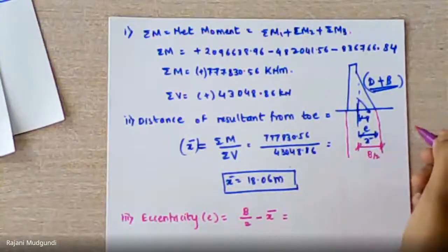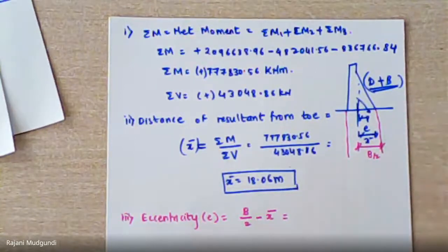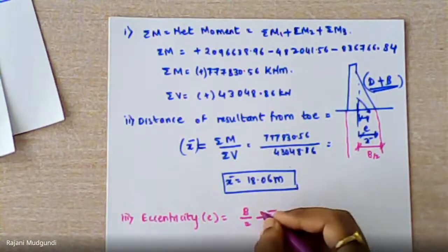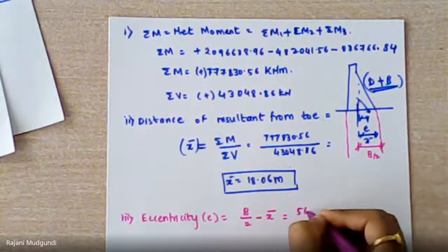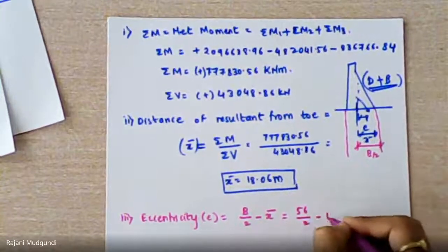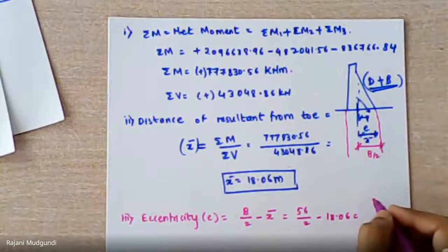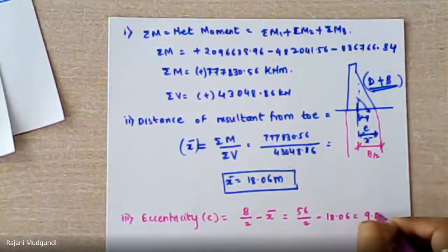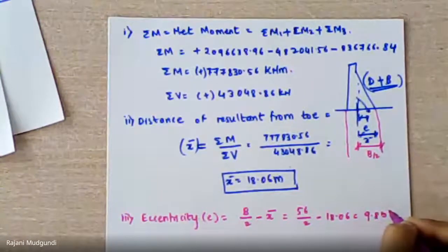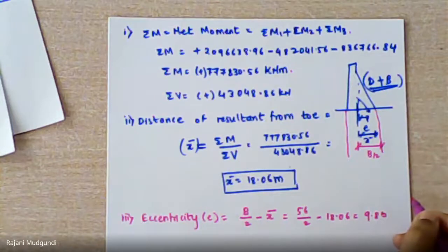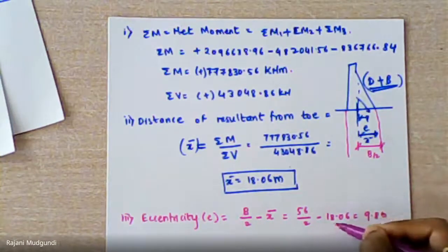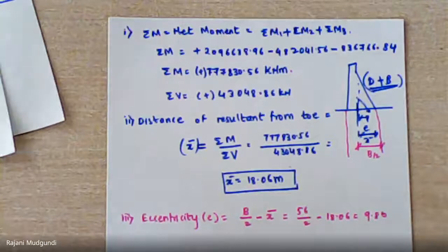It is not to scale, I have just drawn it roughly. Yes, Pranav Kamble, you are absolutely correct. Total B is 56, so 56 by 2 minus 18.06 will give us the value 9.85. Okay, very good. Someone is getting 9.94, Vinayak Chavan. It is 56 by 2 minus 18.06.